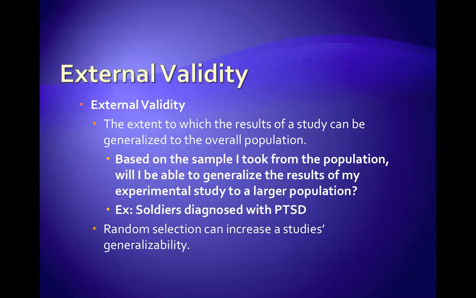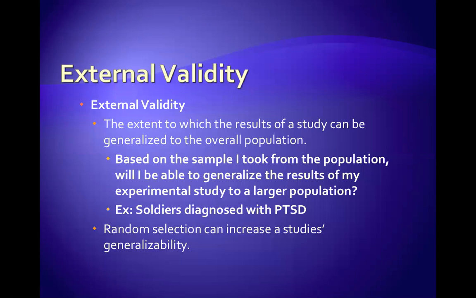External validity is just the extent to which the results of your study can be generalized to the overall population. Now, you're never going to be able to generalize to the overall population, because there's always going to be limits to that. So the overall population could be, let's say you're studying LPCs' mental health, and you're looking for relationships between all these variables relating to their mental health.